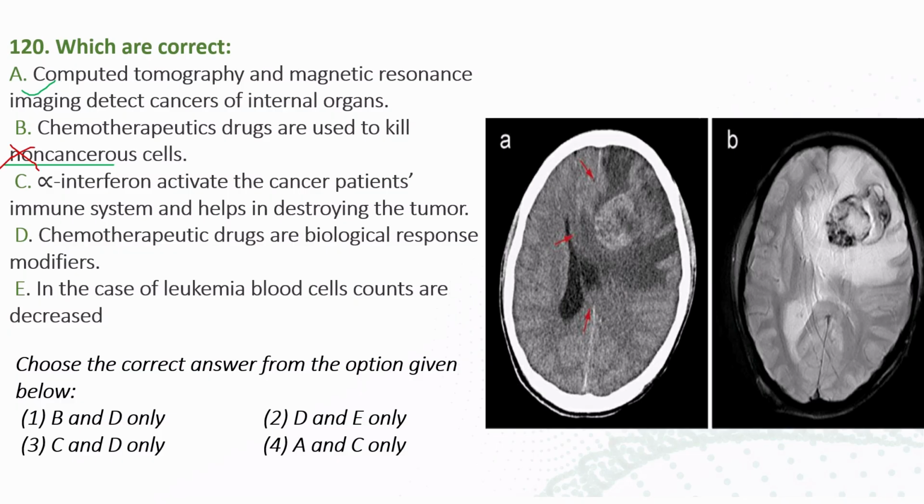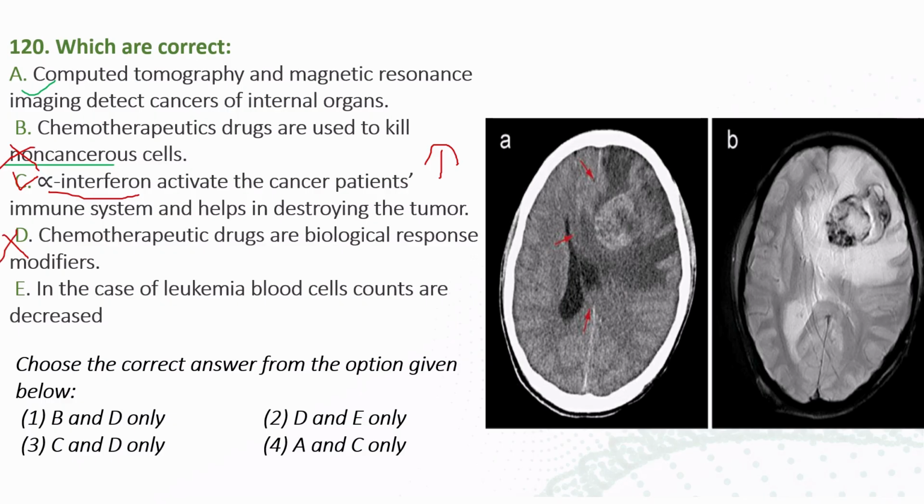Third option is alpha interferons activate the cancer patient's immune system and help in destroying the tumor. So normally this is the right answer. The alpha interferons are the substances which will activate the cancer patient's immune system, means they'll increase the immune system of the cancer patients and they'll help in destroying the tumor. And the fourth option, chemotherapeutic drugs or biological response modifiers, they are not biological response modifiers actually.